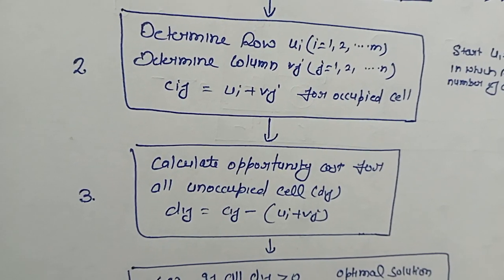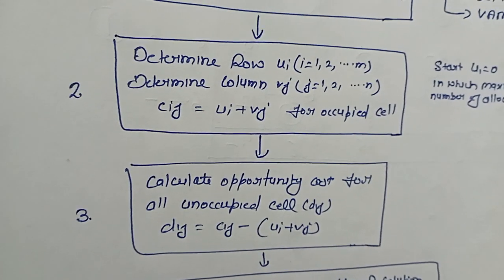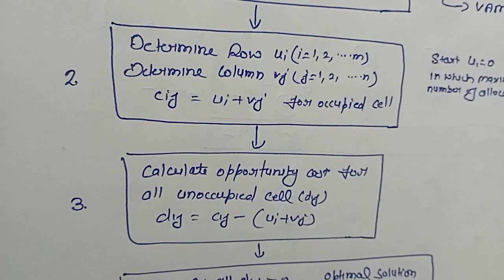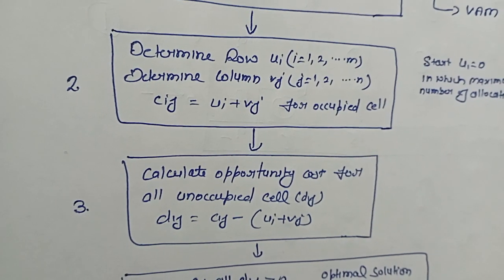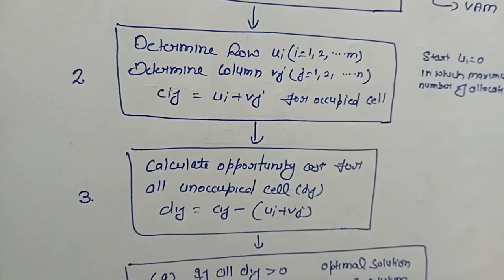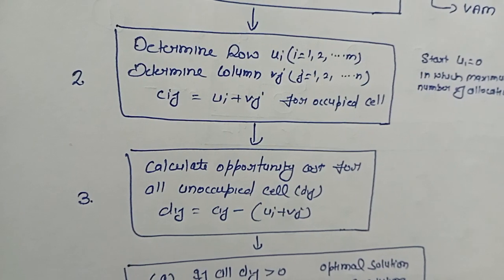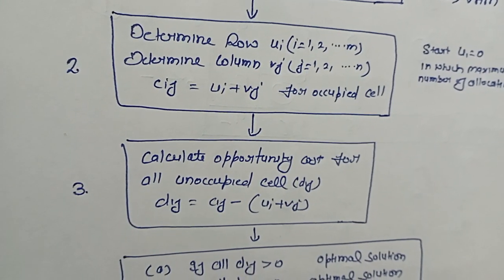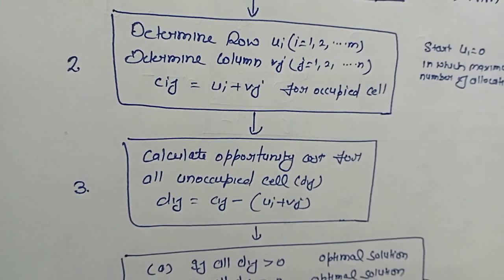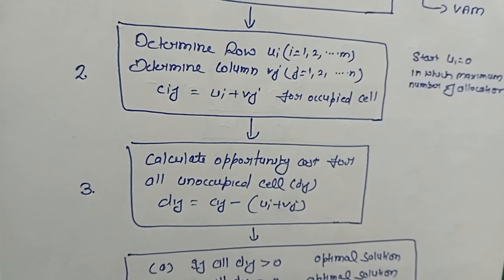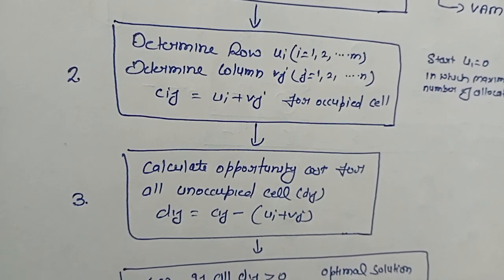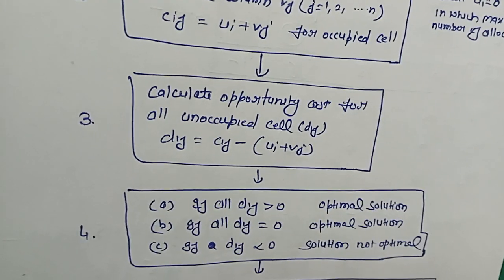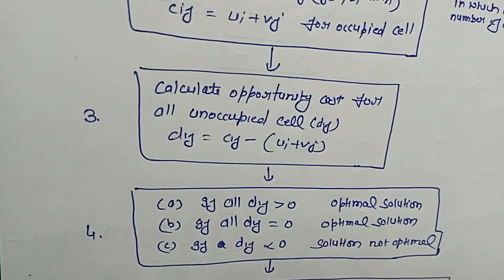When we complete the second step, we move to the third step. In the third step, the opportunity cost for all the unoccupied cells, which we denote Dij, is calculated by using the following formula: Dij is equal to Cij minus (ui plus Vj). After calculating the Dij for unoccupied cells, we move to the next step.